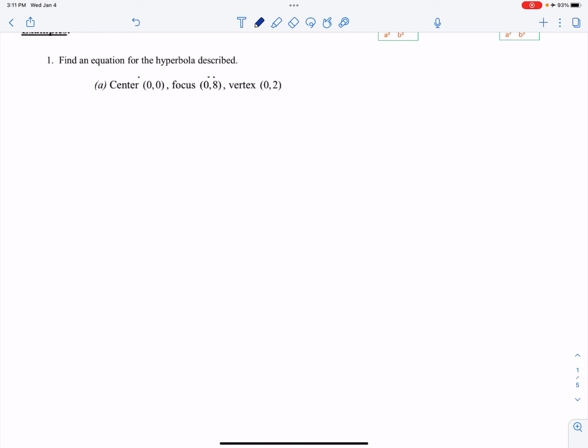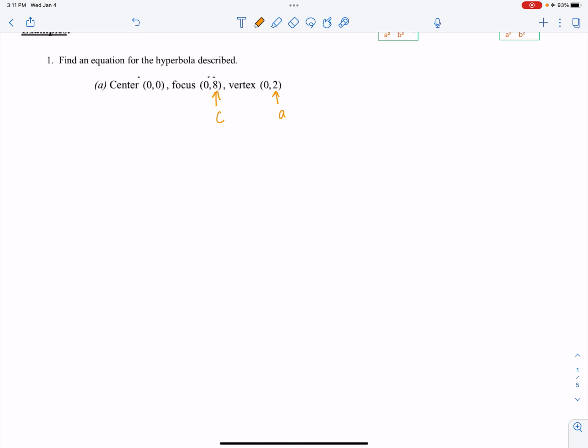If we're at center (0, 0), our focus (0, 8), and our vertex (0, 2), some of our important values are right here. Our 8 tells us the c value, and our vertex 2 tells us the a value.